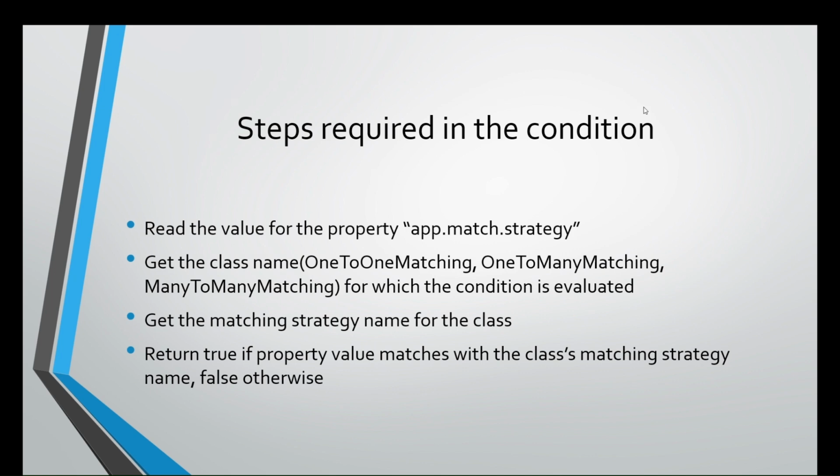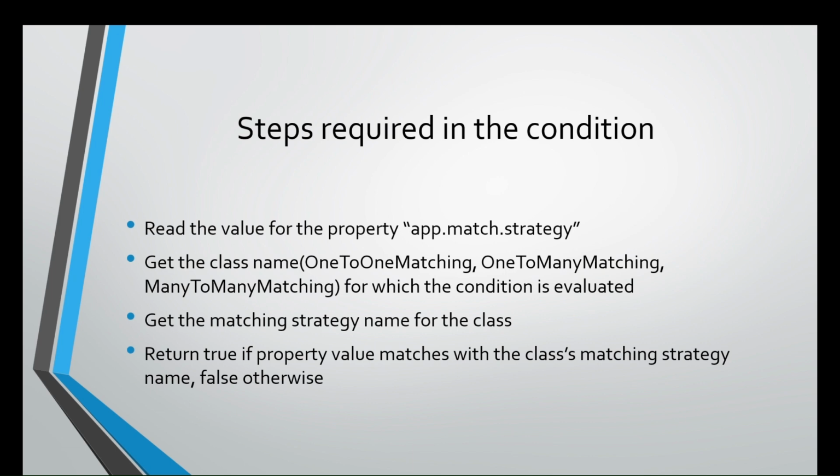The first thing is that we are going to read the matching strategy property from the application's configuration property file, and then we are going to get the class name on which this @Conditional annotation is applied and this condition is being invoked.